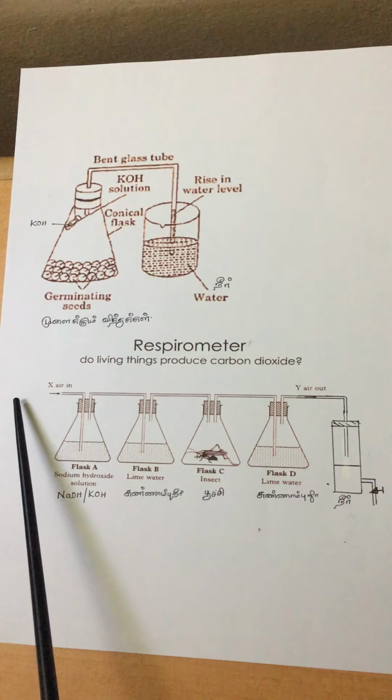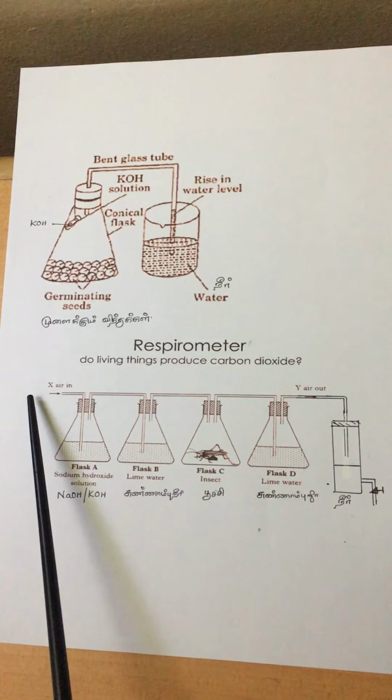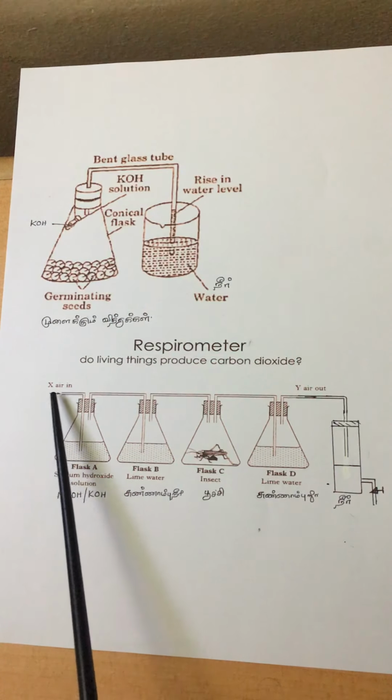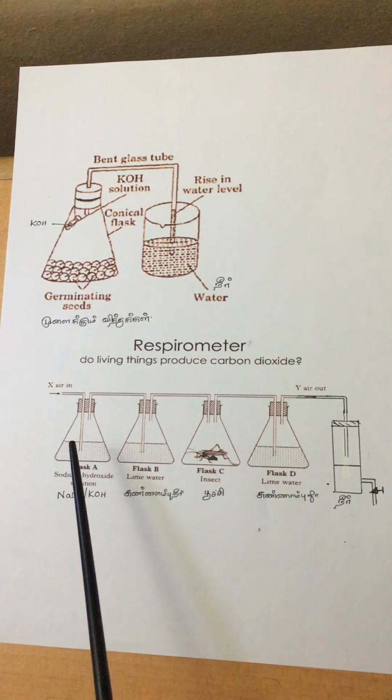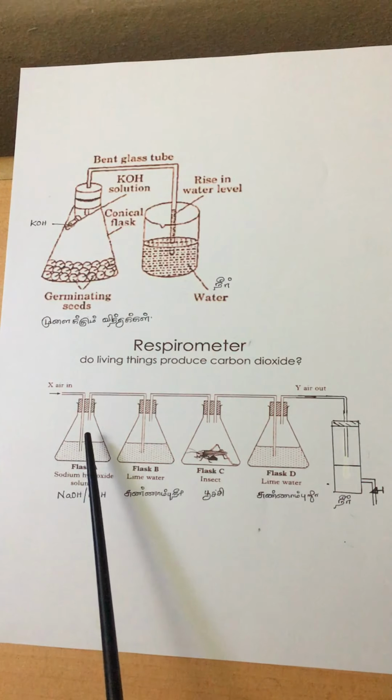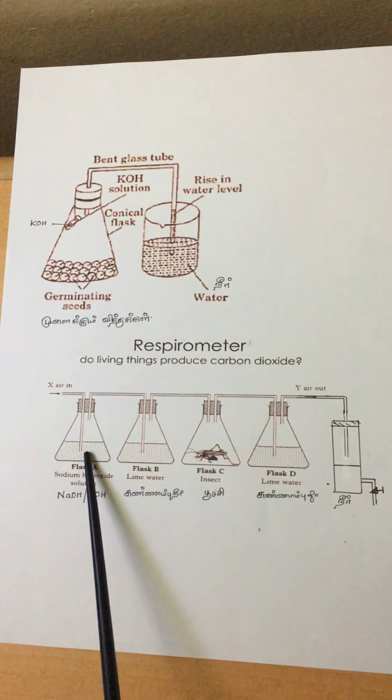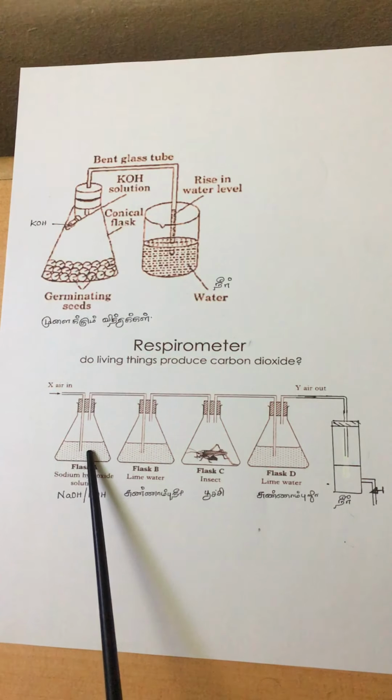The atmospheric air contains carbon dioxide, oxygen and nitrogen. When atmospheric air enters flask A, the CO2 in the air is absorbed by potassium hydroxide.